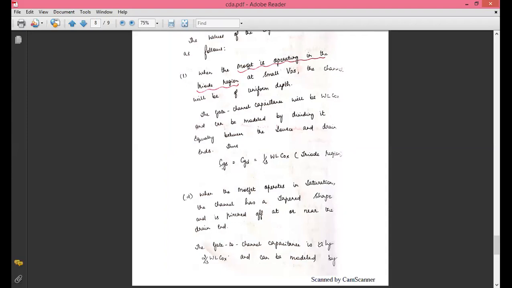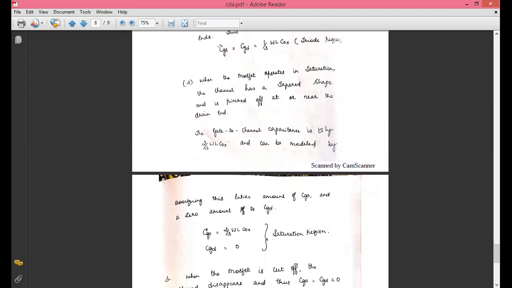How much? They both will be equal to 1/3 the area into C of oxide, so 1/3 into W into L into C of oxide. When somebody asks what is the capacitance of the MOSFET in triode region, you have to say 1/3 W L C of oxide. Understood?